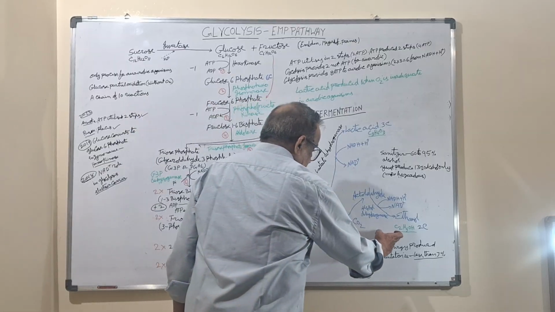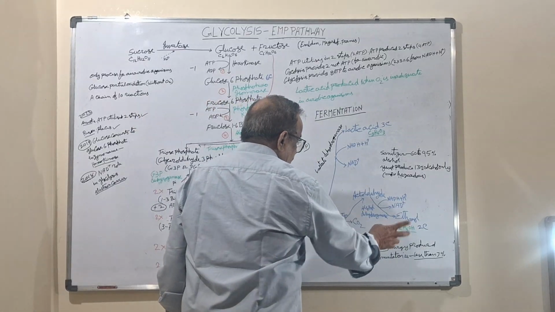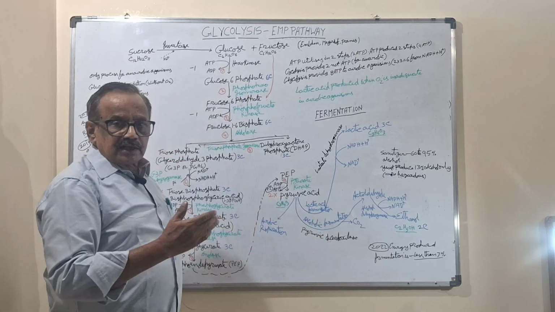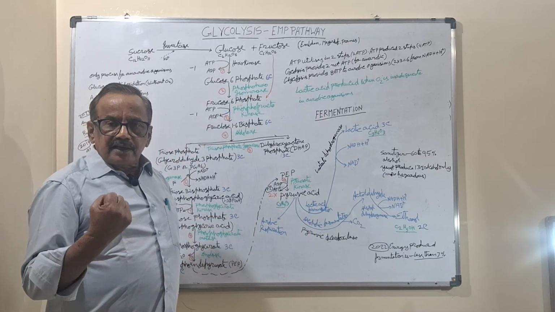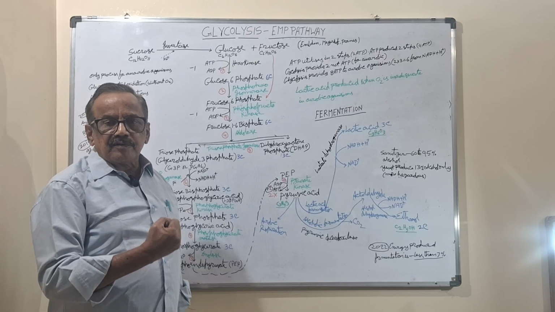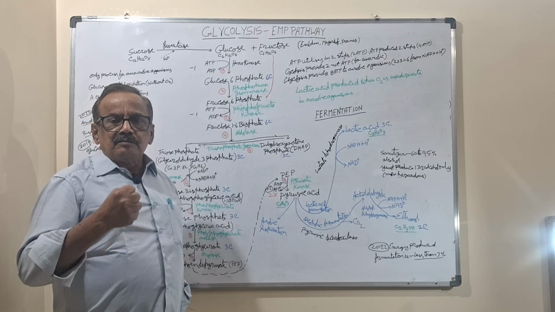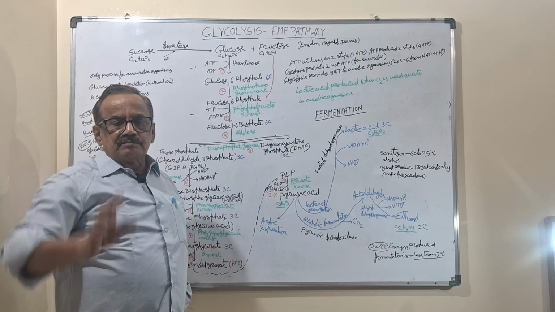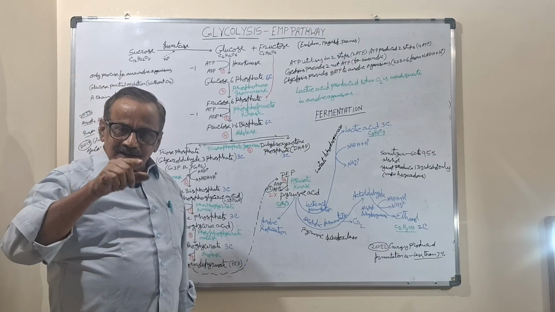This ethyl alcohol, whatever hydroxyl group is present in that ethyl alcohol, will be highly reactive. It will be separated from the alcohol and it will react with yeast. What is the reaction? That also I will tell.